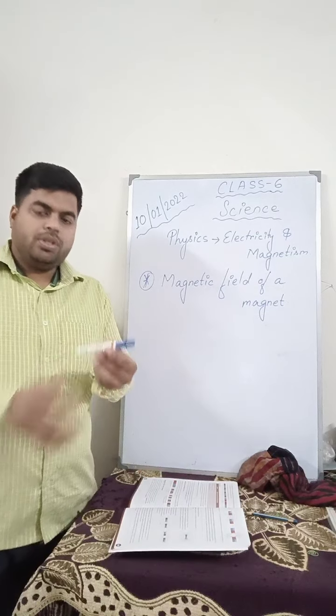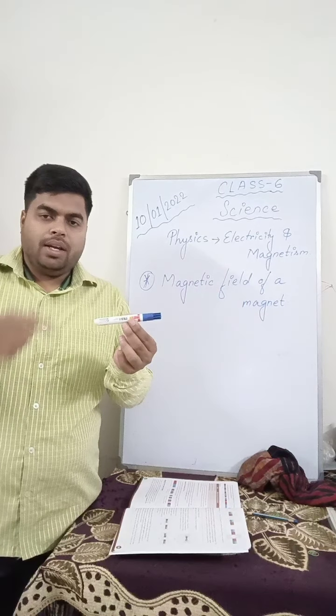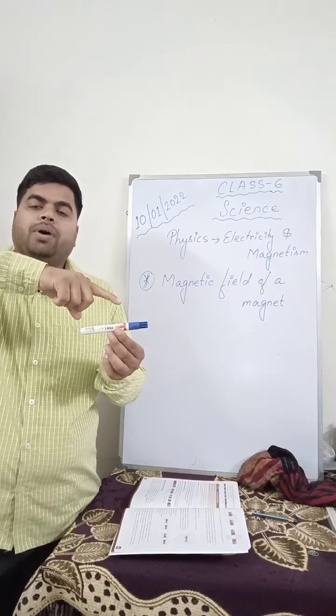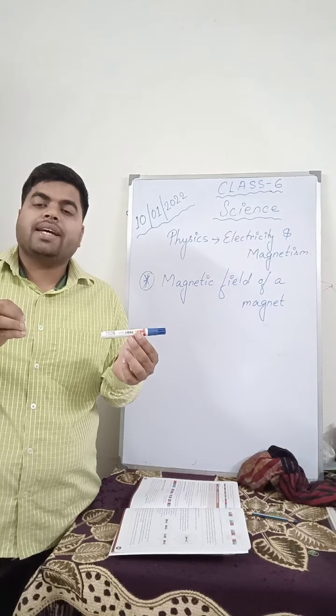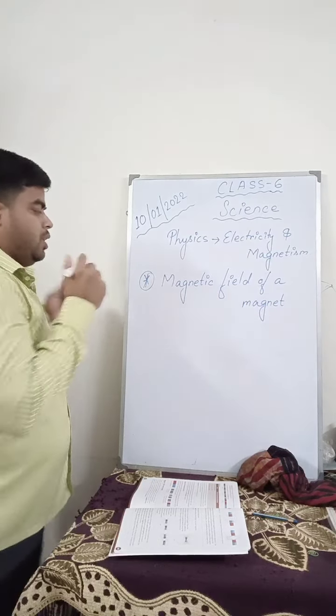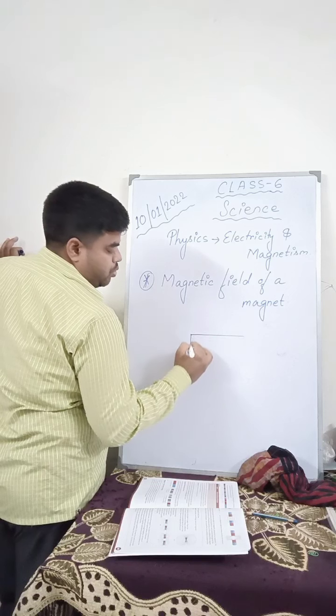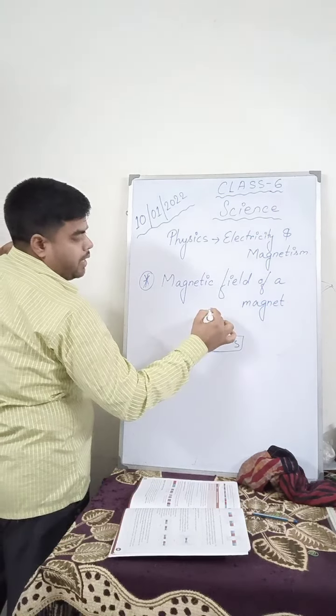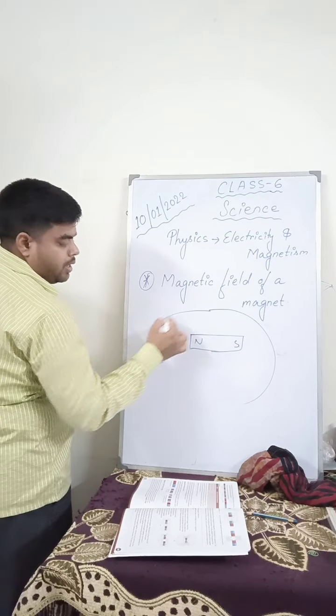So if you consider this as a magnet, within the limit of its boundary it acts as a magnet, that means it pulls. It has an area within which it will behave.